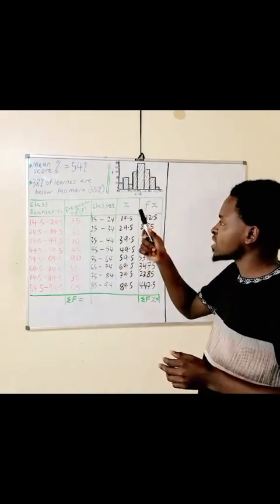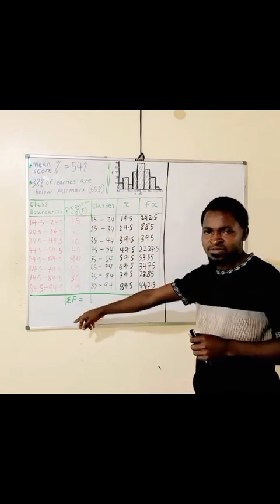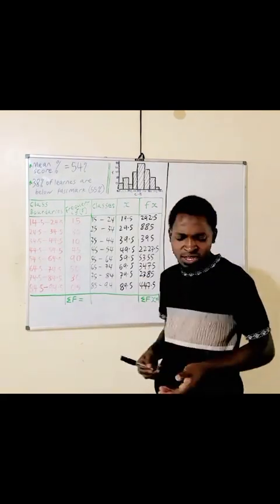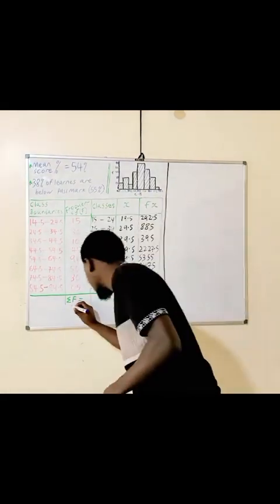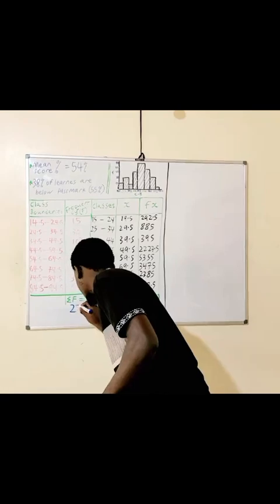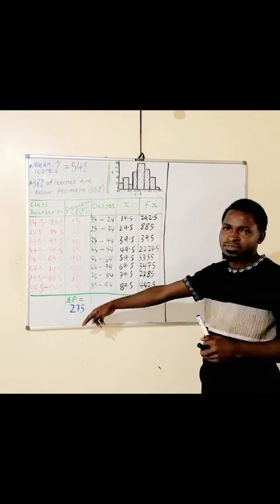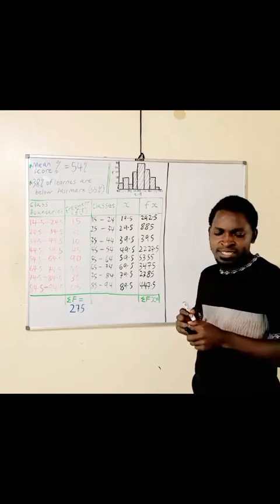Then to calculate the mean, I need the summation of fx and the summation of f. Let us add this f. If you add them using your calculator, the answer is 275. 275 is the summation of this f. Then let us get the summation of fx.